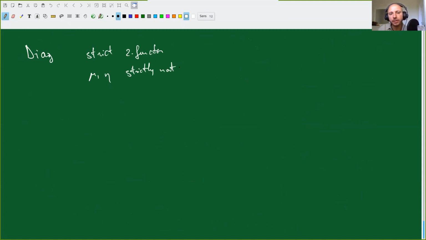The way I've written it, it's really easy to write this as a strict functor, while P is done by universal properties, so it's actually only a pseudofunctor. So in practice, it's a lot easier to work with diag because of this.